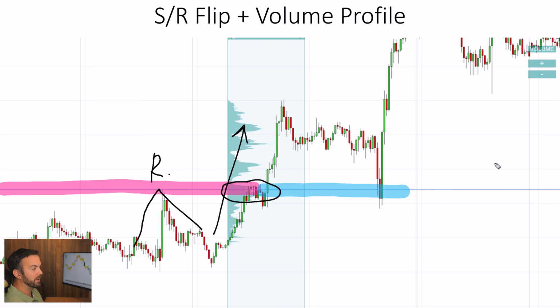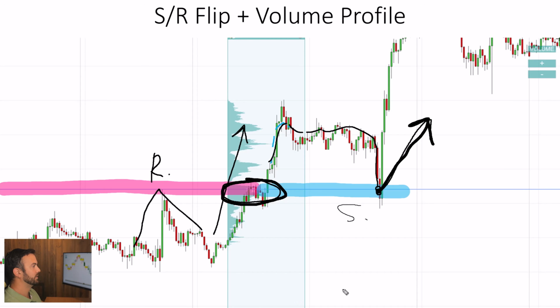All right, so requirement number one, we have that resistance turning into support. Requirement number two is we have heavy volume zone here. So we just wait for the pullback, and if it occurs, then go long from here, right? Buyers from here should help the price to move up from this level, from this newly formed support.